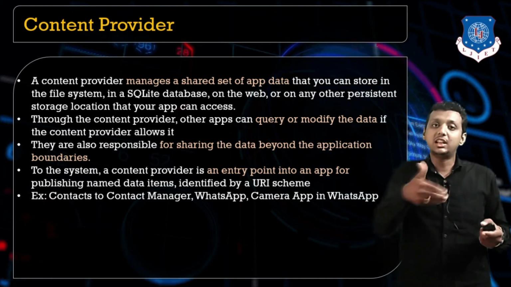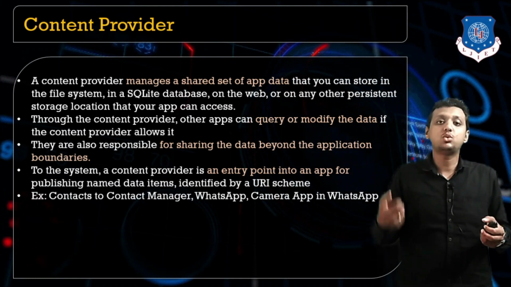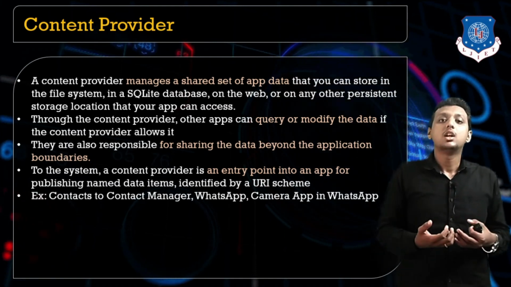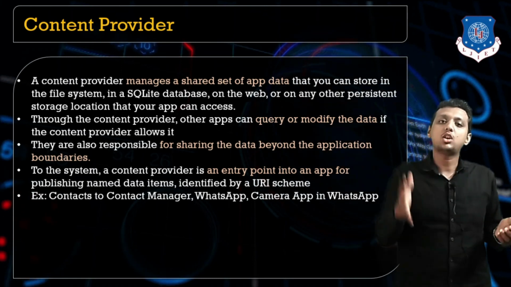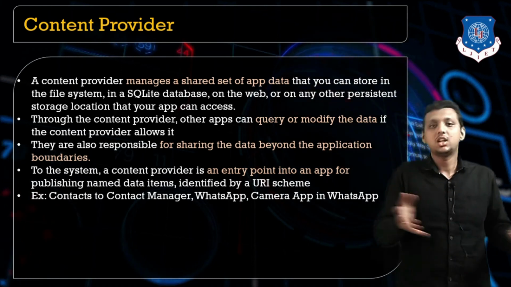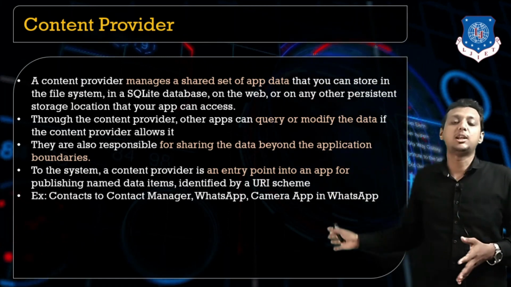So the native application knows, I just need to share this type of data with the particular WhatsApp application. You can see all the contacts of the smartphone in WhatsApp. This thing happens automatically. How? Just because of the content provider.